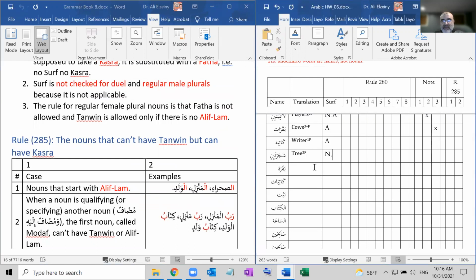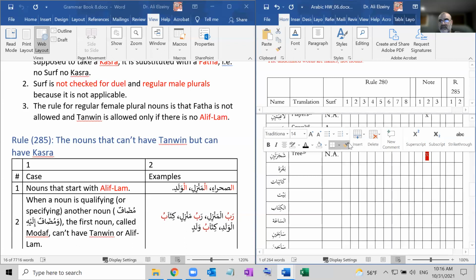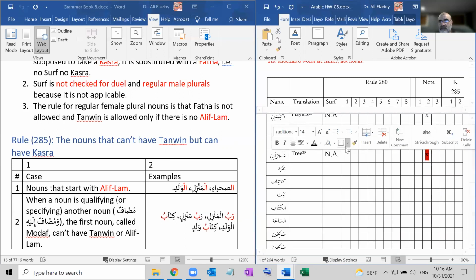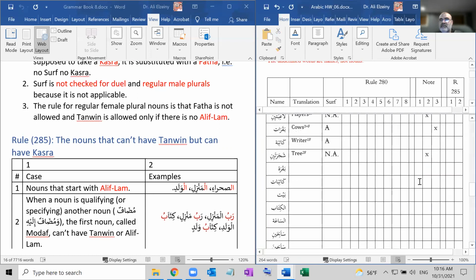Not applicable according to rule number 2.